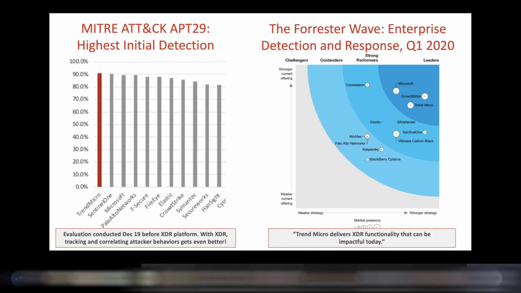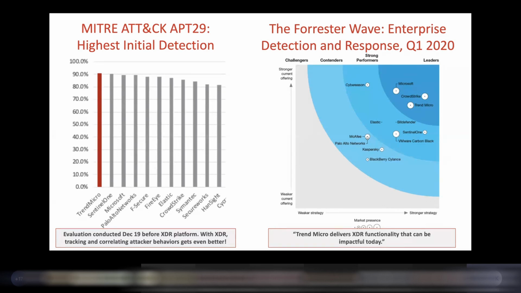Of course, you probably know that Trend Micro is well recognized by the analysts. There is a Forrester Wave report about detection and response, and we are in the leaders.